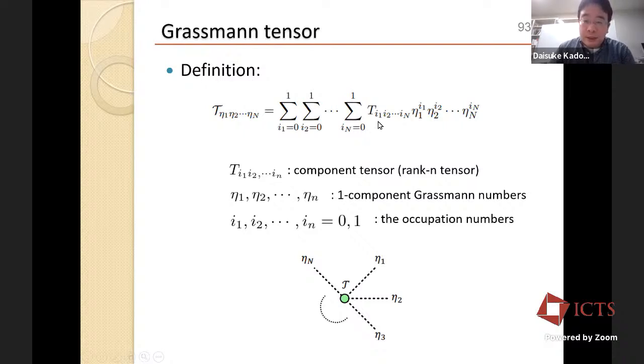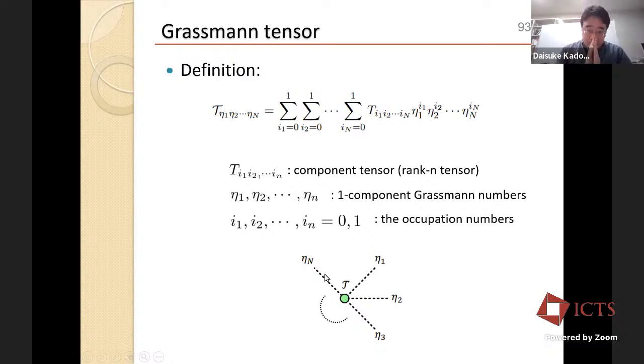And this T is a regular tensor called the component or coefficient tensor. And this tensor is a function of the parameters of the fermion theory. So this is the definition of the Grassmann tensor, and diagrammatically, the Grassmann tensor is expressed by this diagram, and these indices are assigned to these external lines.